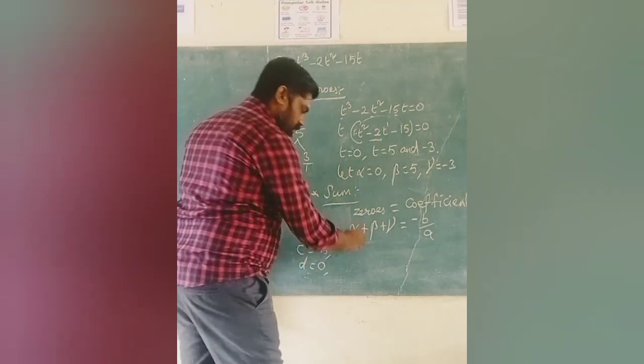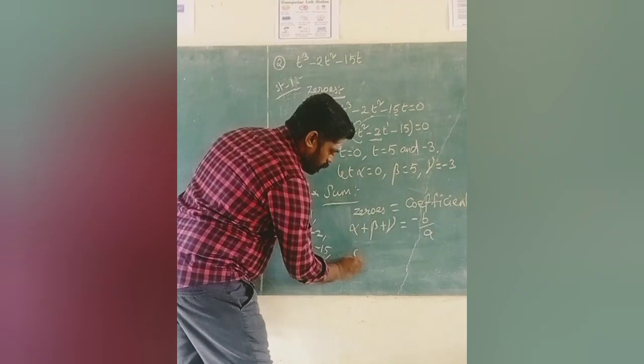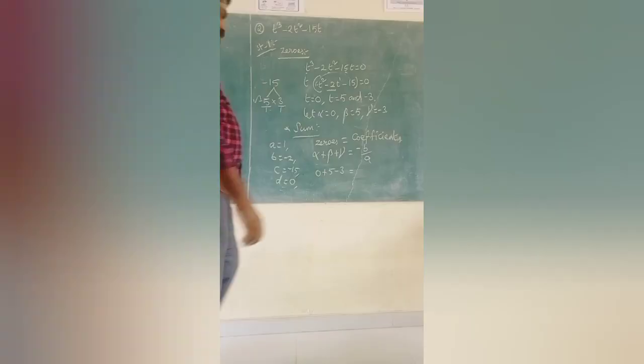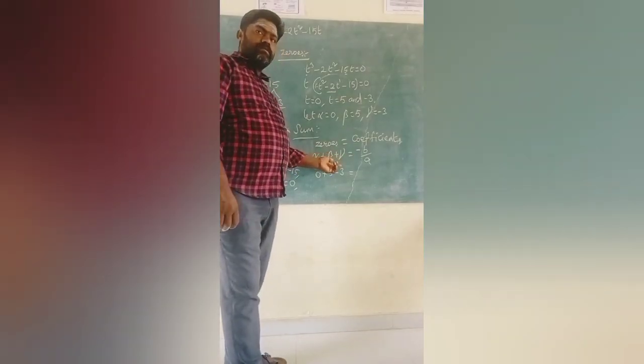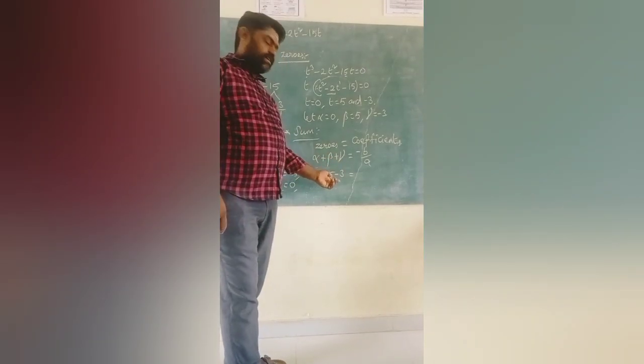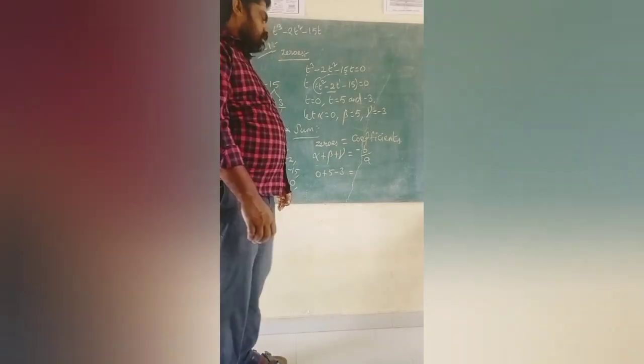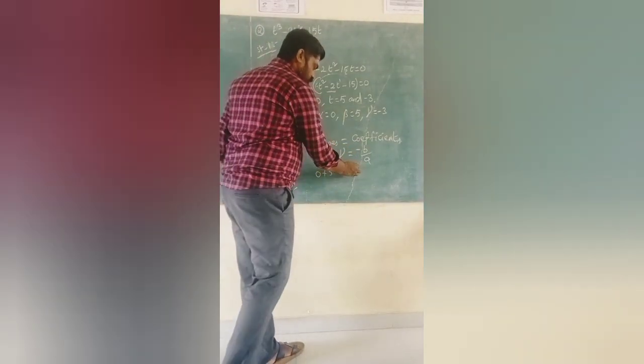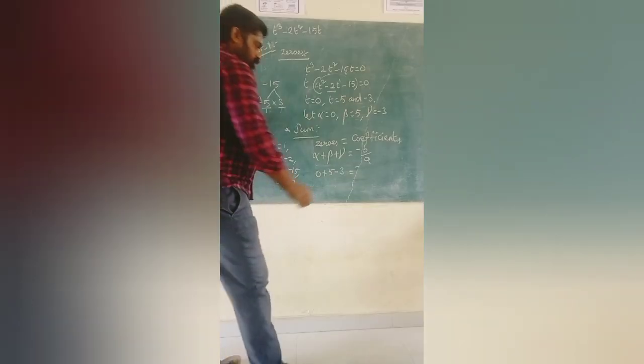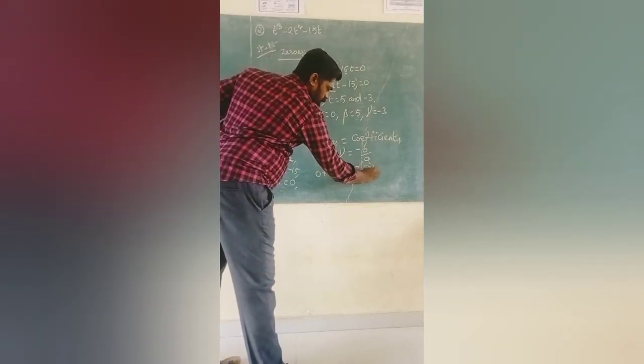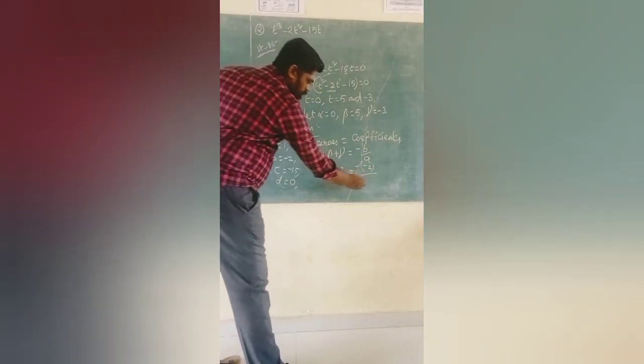Now we can substitute here. The alpha value is 0, plus the beta value: alpha plus beta plus gamma is 0 plus 5 minus 3, equal to minus B by A. What is the B value? -2. You can substitute here. Then what is the A value? 1, isn't it?